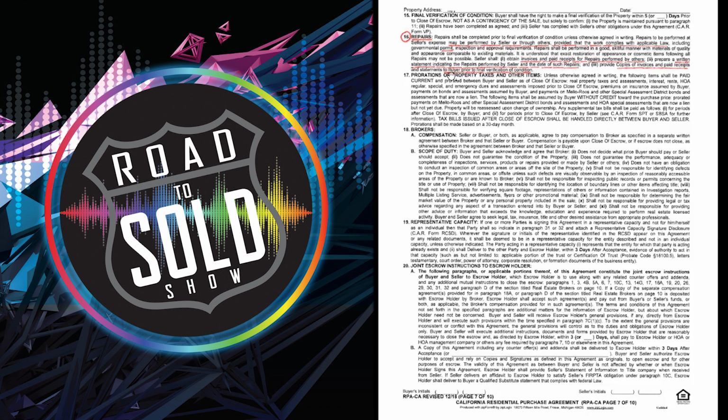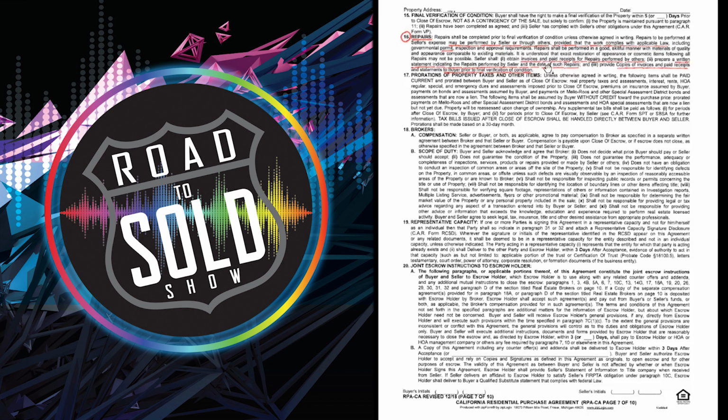And that must be provided to the buyer prior to the final verification, so prior to the 5 days before close of escrow. So there should be some documentation that the repairs were completed, other than just the VP, which is the documentation the buyer provides. They're inspecting the property prior to close of escrow and confirming for themselves that the repairs have in fact been done.